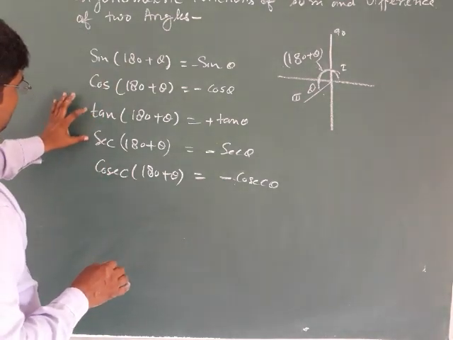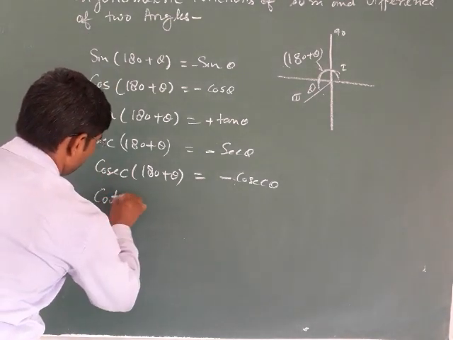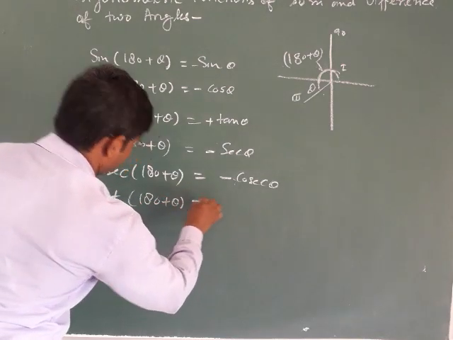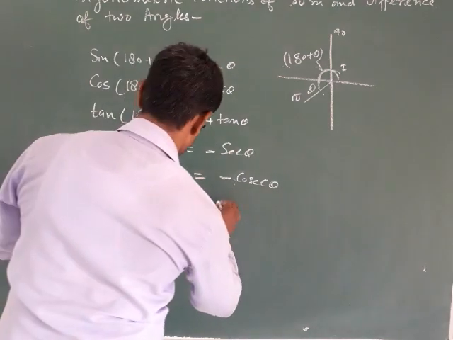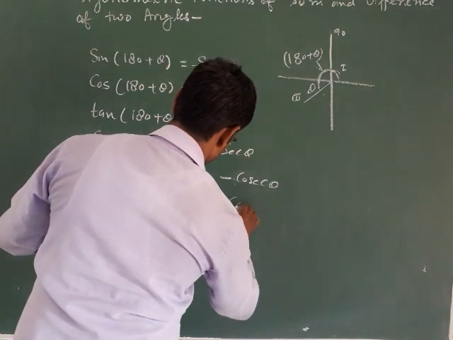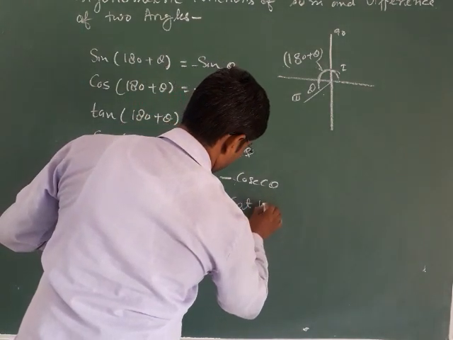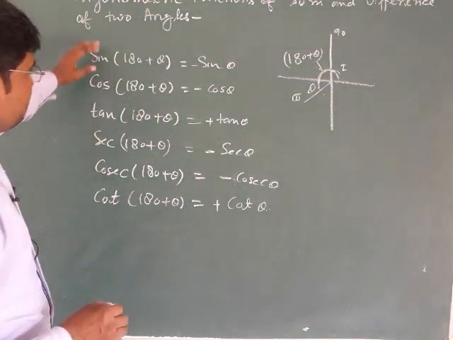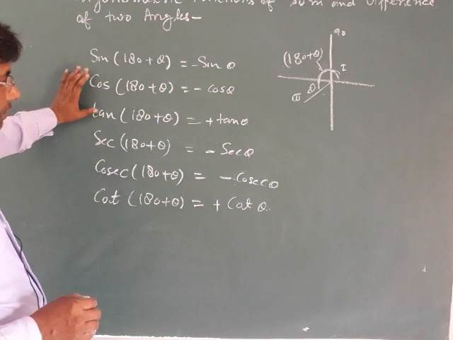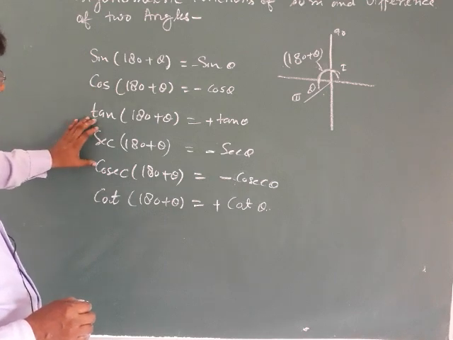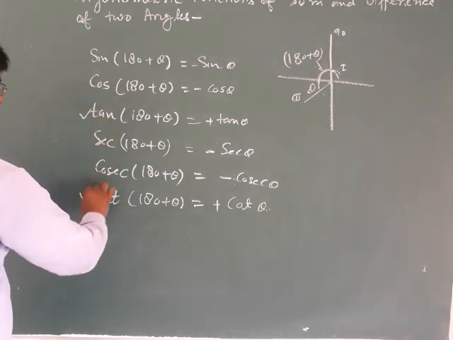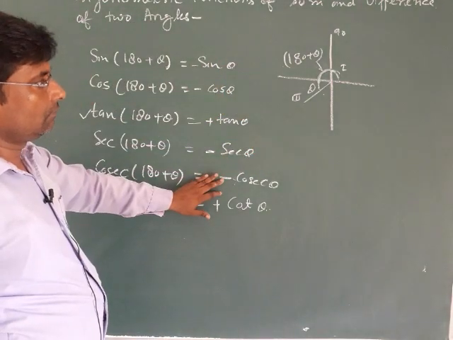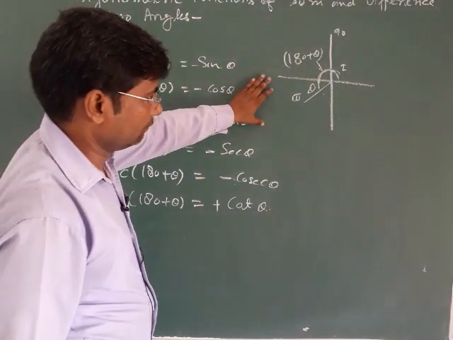And also cot of 180 plus theta is equal to cot theta, so this is positive. So these values lie in the third quadrant. In the third quadrant, tan and cot values are positive, and the remaining values are negative.